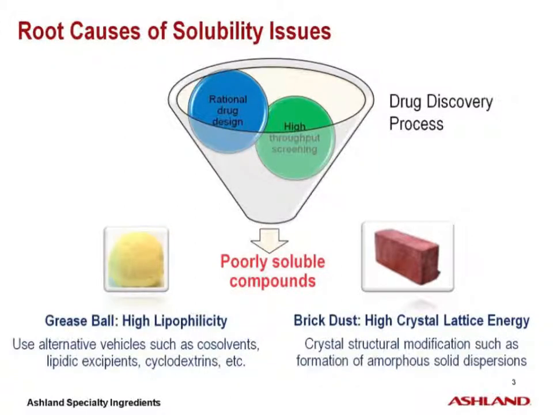For compounds with high lipophilicity, lipid-based drug delivery systems and complexation using cyclodextrin might be very effective. For compounds with high crystal lattice energy, crystal structural modification, such as formation of amorphous solid dispersion, might be the best way to overcome the poor solubility.